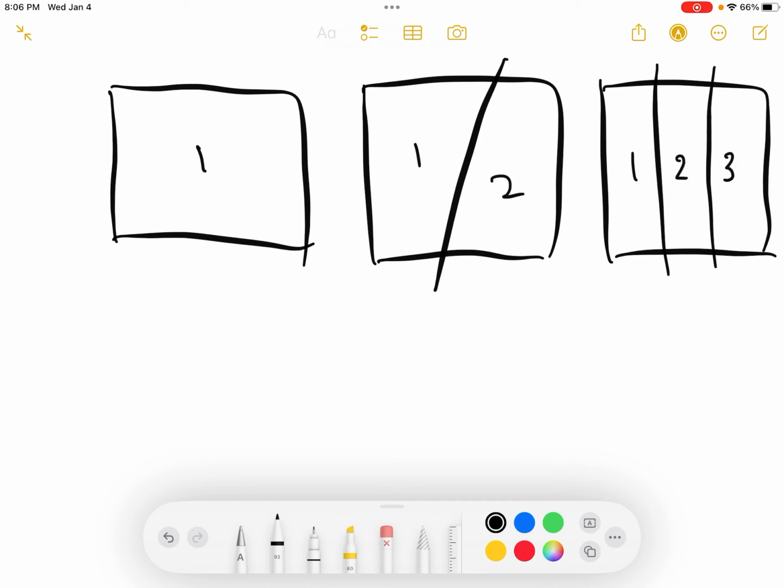If we place 2 parallel straight cuts, but that's not the only case here. If we let the straight cuts cross each other, we get 4 different regions.